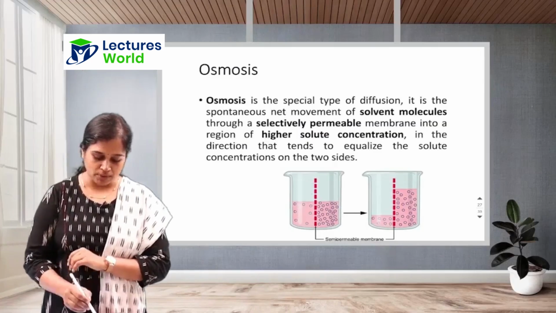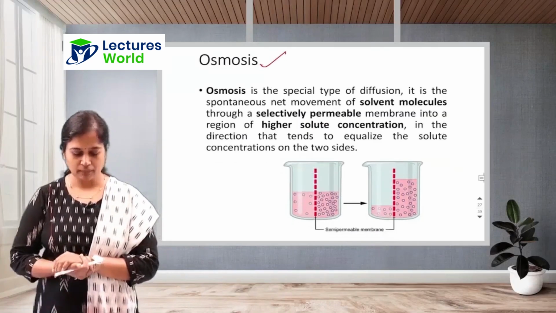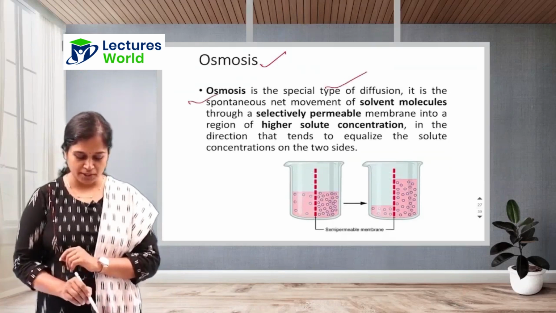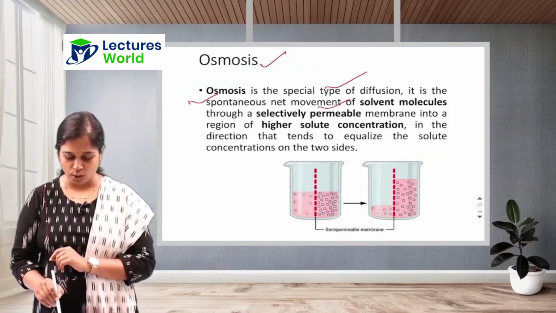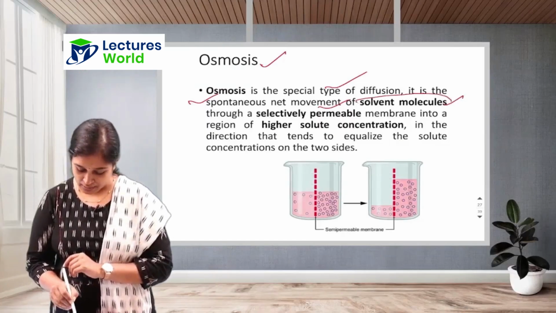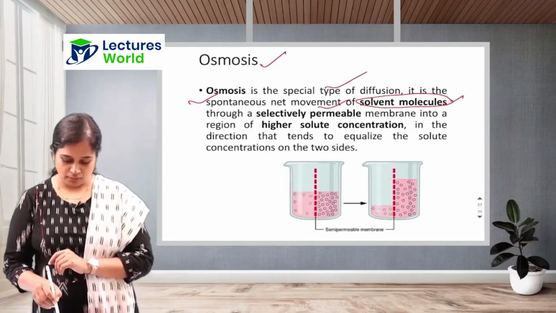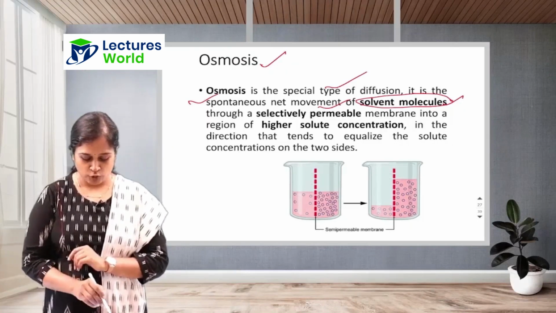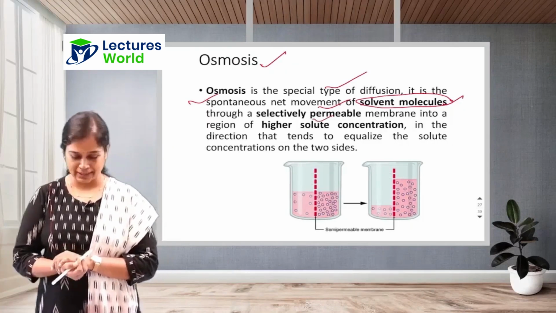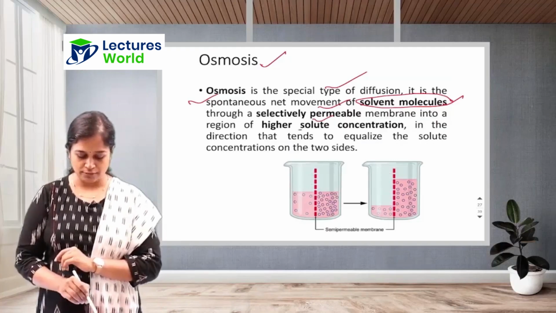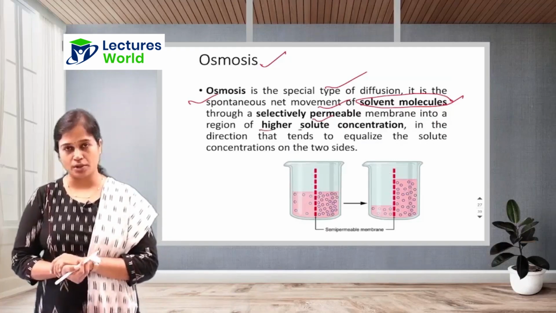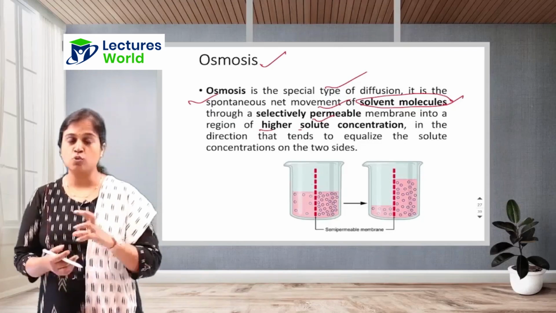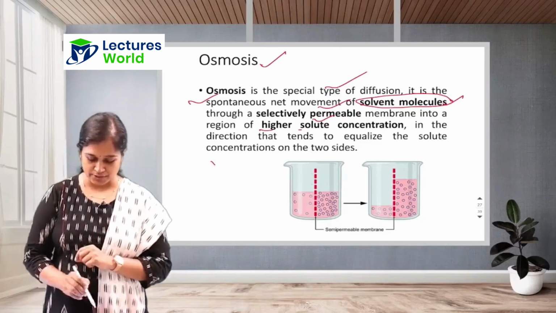Now we'll talk about osmosis. Osmosis is a special type of diffusion, and it is the spontaneous net movement of the solvent molecules. Here you need to focus that it is the movement of solvent molecules through a selectively permeable membrane into a region of higher solute concentration, in the direction that tends to equalize the solute concentration.